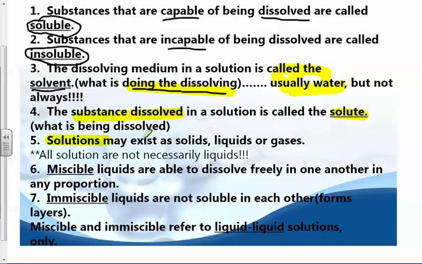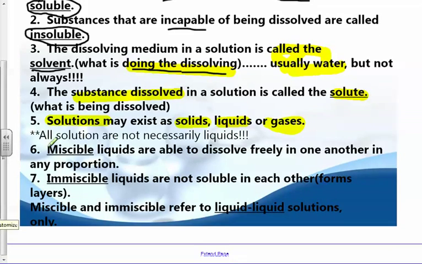Number 5. Solutions may exist, get this, as solids, liquids, or gases. They don't always have to be liquids, so that's kind of neat. And 2 more terms that you will need to know that pertain to solutions are miscible and immiscible. You might think they're opposite, and you're right. Miscible liquids are able to dissolve freely into one another, and immiscible liquids are not soluble in each other.